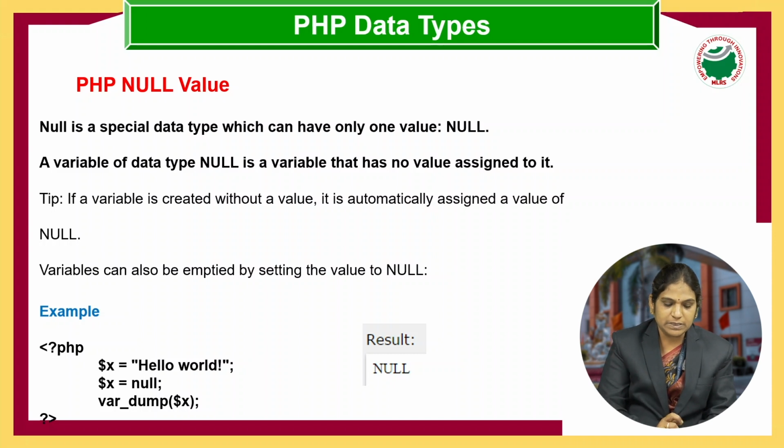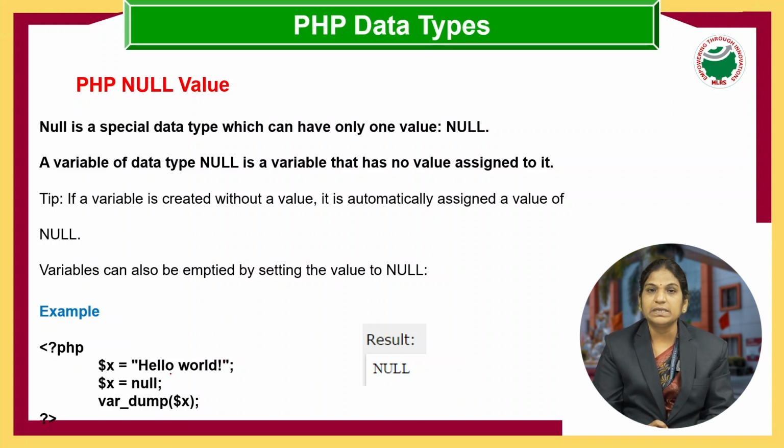Variables can also be made null in some cases. Even though we have assigned some value to the variable, if we make it null, then that value is going to be deleted from that particular variable. For example, $X I have assigned with the string Hello world. $X equal to hello world means hello world is the word assigned to the $X variable.